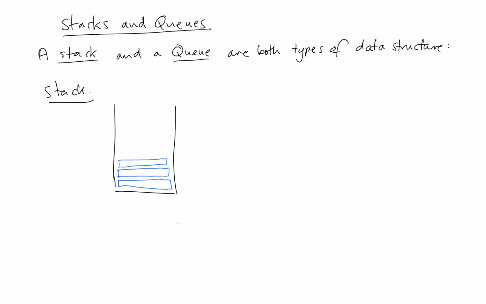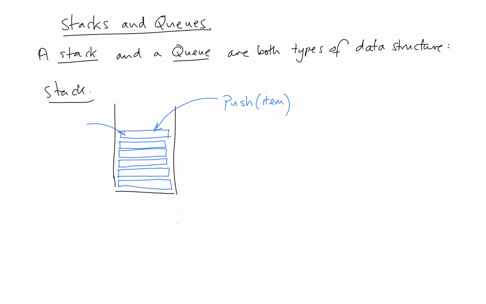So you can only place, let's say like a stack of plates, plates on the top of the existing stack. Now the process of adding a new plate to the top of the stack is called push. So you push some item on top of the stack.